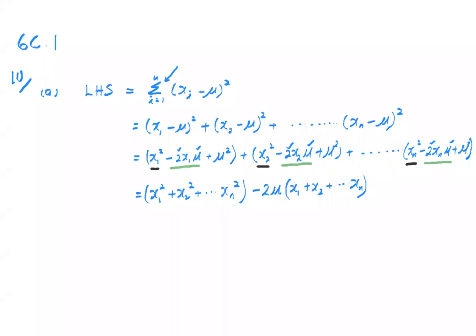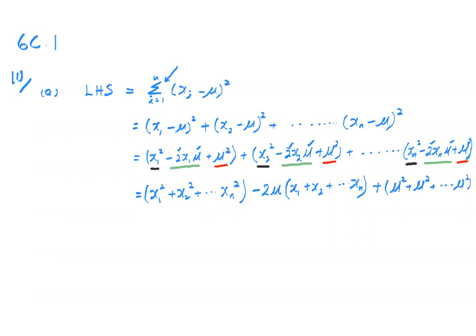So this is the third group. Plus, everyone you have the third one, mu square, mu square, mu square. Am I right? So I'm going to put it as mu square plus mu square plus dot, everything is mu square.